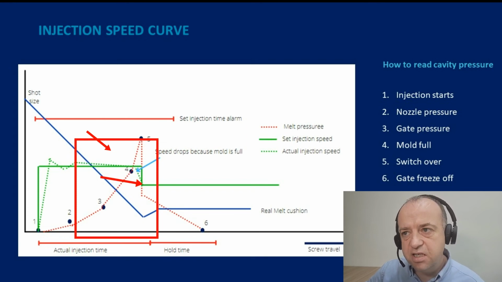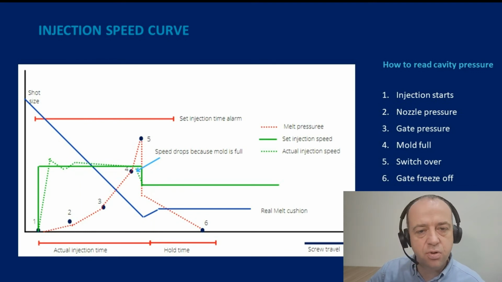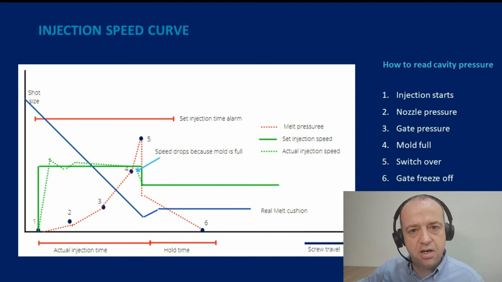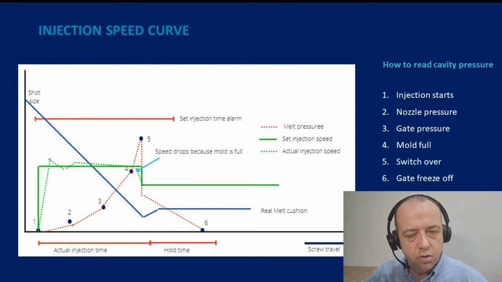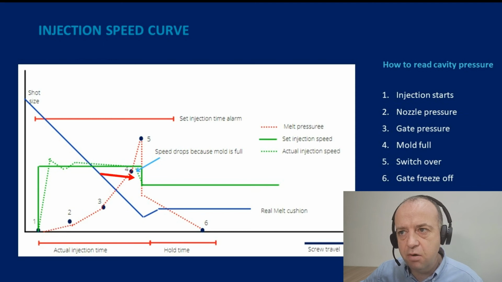I'd watch out for that, particularly when you're coming close to where you think the mold is almost full. What we like to say is when the most full part in the mold has slight sink marks in it, that's when you know the mold is almost full. So watch out for that speed decrease around the position where the part is full.